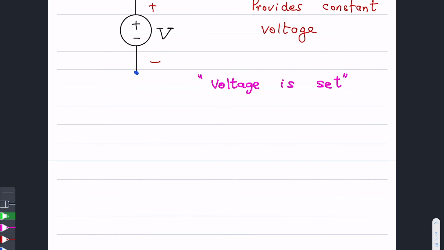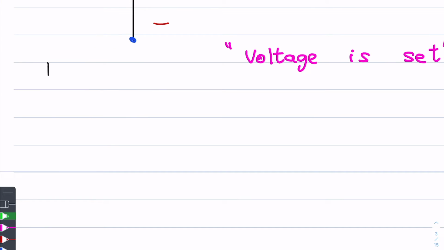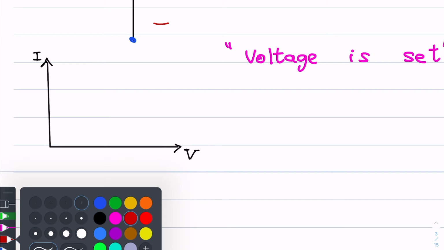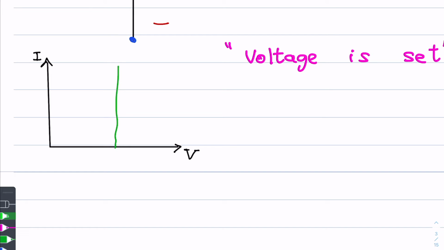If you think about the IV characteristics of this ideal voltage source, plotting voltage on the x-axis and the current on the y-axis, you will see that the voltage does not change even when the current is changing over a wide range.